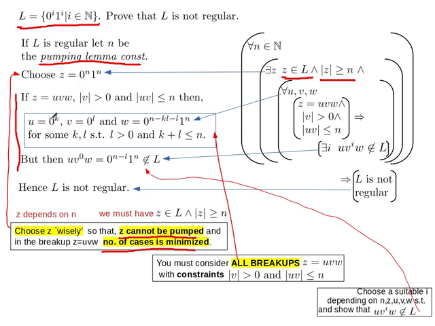U is some 0 to the k, V is some 0 to the L, and W is what is remaining. Sorry, this is not KL, there's a typo here, this L should not be here, so it's N minus K minus L.